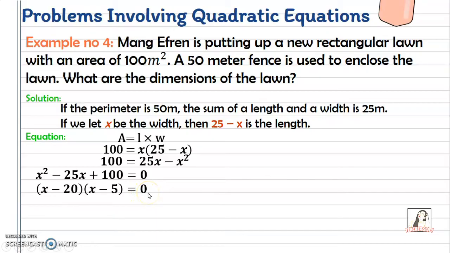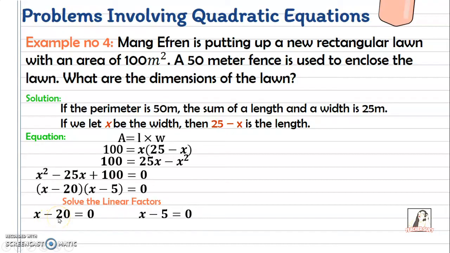Then, i-apply na natin ang zero product property na kung saan kailangan natin i-equate yung mga factors sa 0. So, we have x minus 20 equals 0, x minus 5 equals 0. And then, solve for the linear factors.